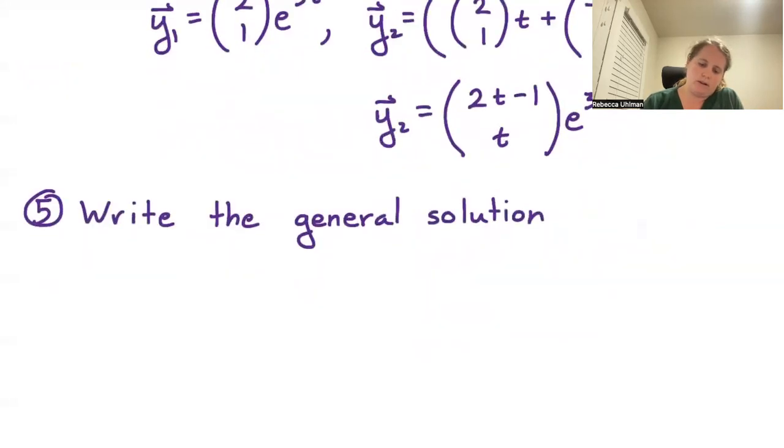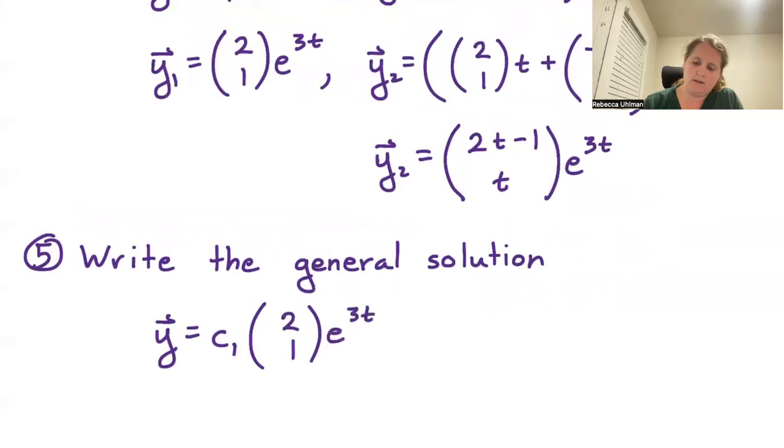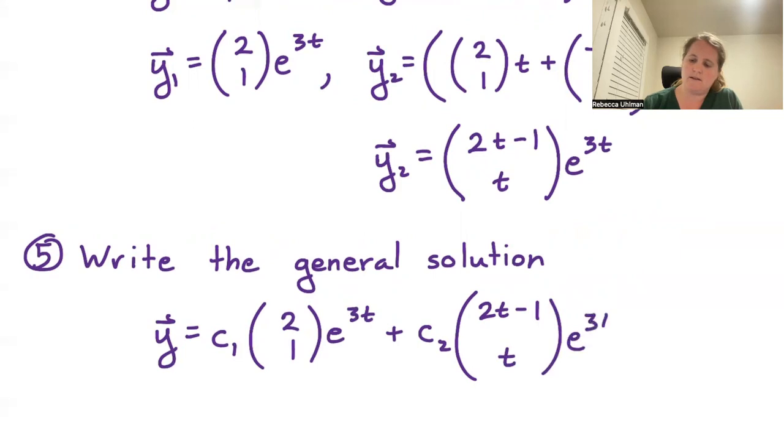So we have y is equal to c1 times the vector 2, 1 times e to the 3t plus c2 times the vector 2t minus 1 and then t all times e to the 3t. So this is a 2 by 2 case. In the next couple of videos, we'll look at the 3 by 3 case, where we have just a multiplicity 2, an eigenspace of dimension 1, and we'll also look at the trajectories that we see when we have solutions of this form.